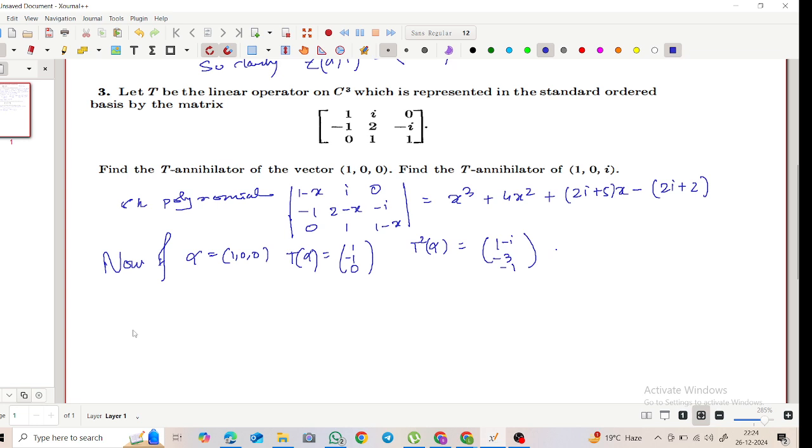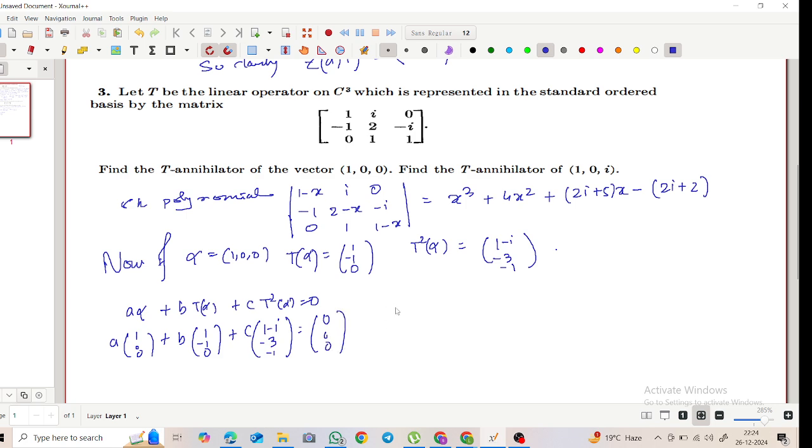Now we will check whether they are linearly independent or not. So take a linear combination A alpha plus B T alpha plus C T square alpha equals 0. So we get A (1, 0, 0) plus B (1, minus 1, 0) plus C (1 minus i, minus 3, minus 1) is (0, 0, 0). So you get three equations.